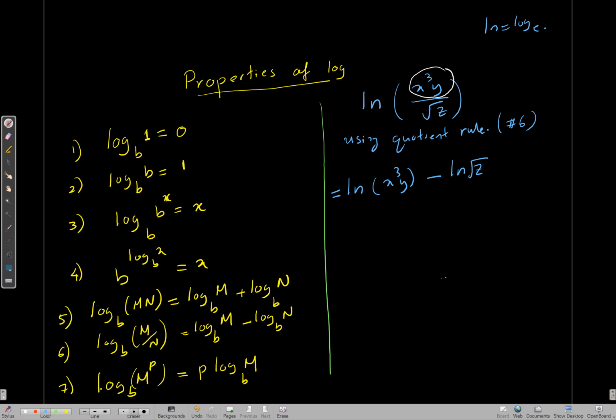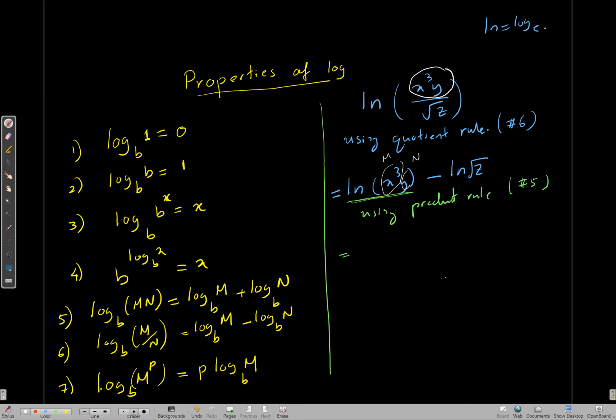Now at this point, using the product rule, that's property number 5 in this case, for this part I will break this into my m and this into n.